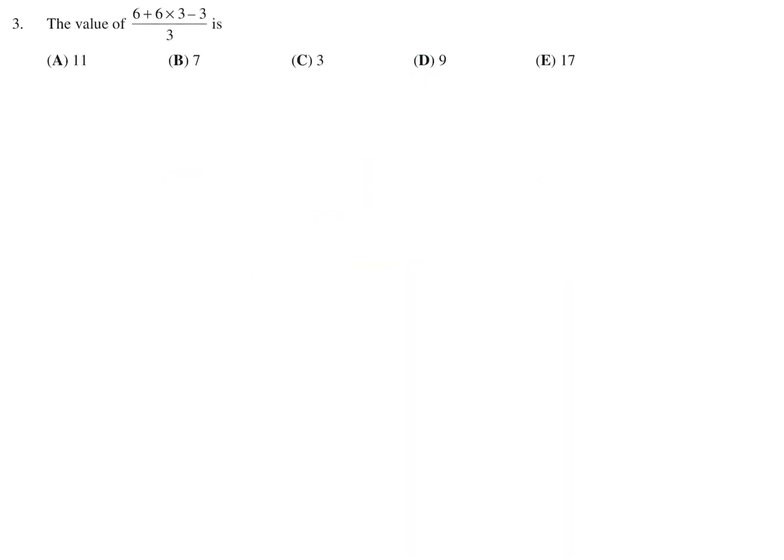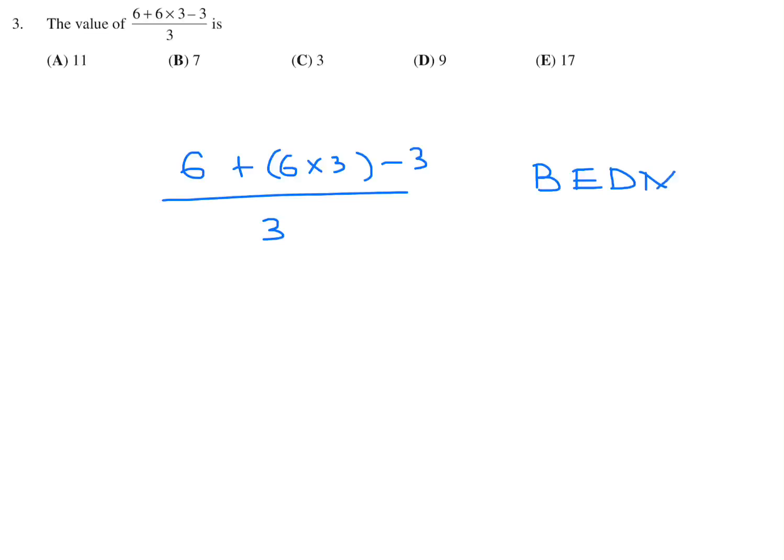The value of 6 plus 6 times 3 minus 3 over 3. I think in this question they're testing your ability to use the order of operations, BEDMAS. That is brackets, then exponents, then division and multiplication, and finally addition and subtraction.